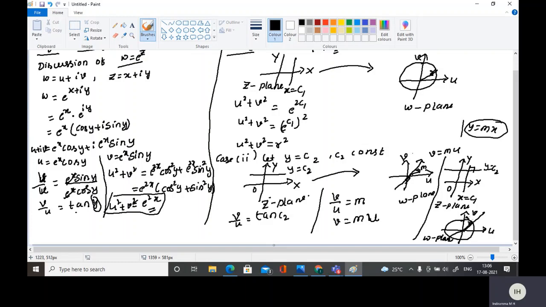To find the angle between the images, draw the tangent to the circle and measure the angle. It is obviously 90 degrees and here also 90 degrees. So the transformation W is equal to e power z is a conformal transformation. This is the way we can find the images of the curves from the Z plane to the W plane.